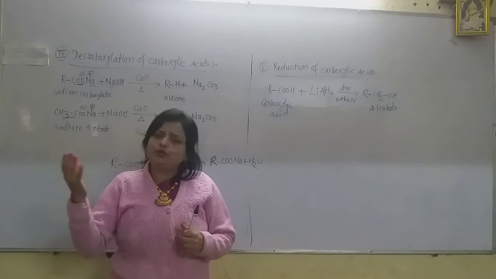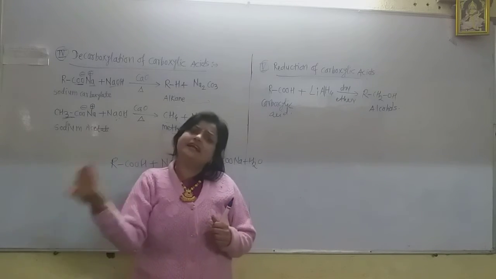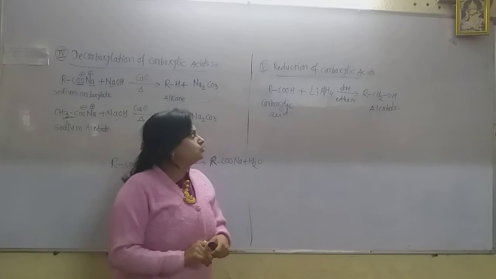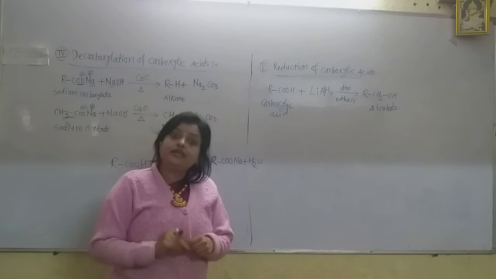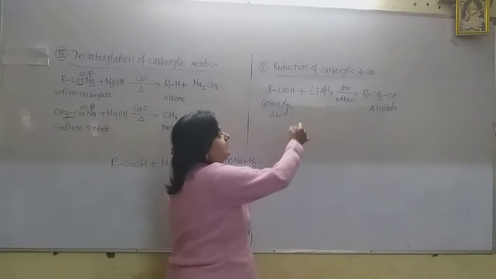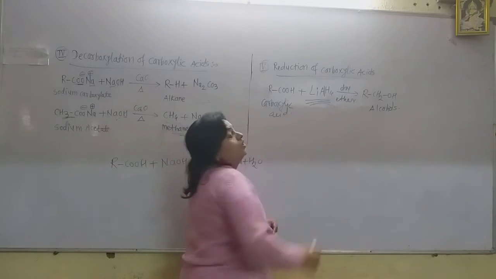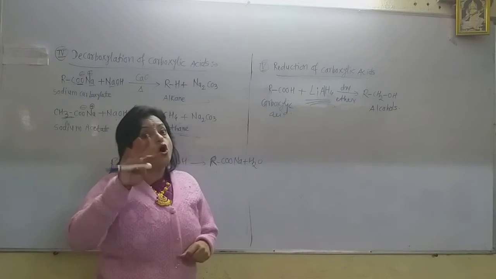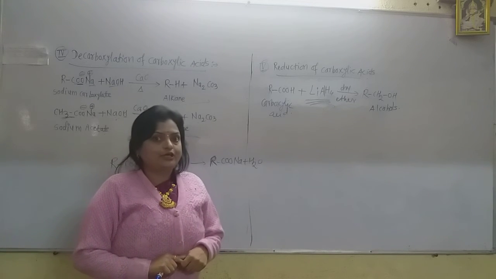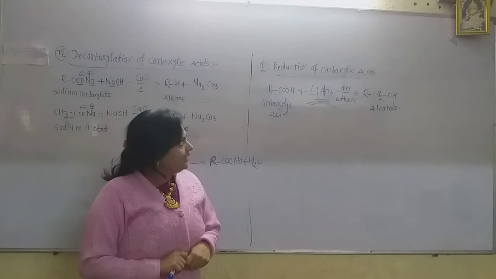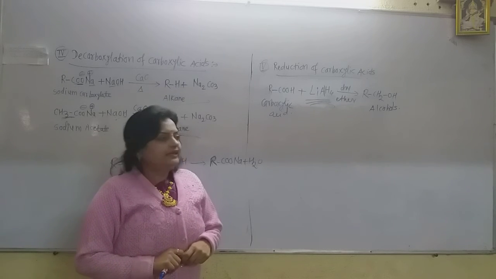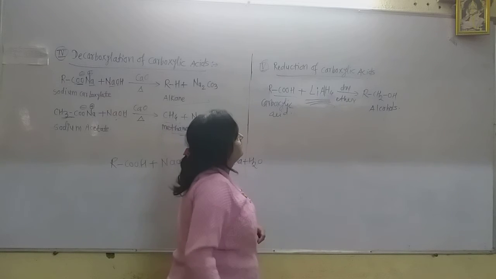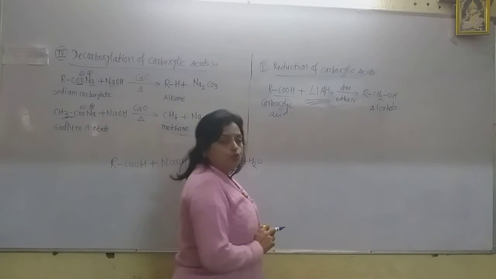That means if we do the reverse reaction, that is the reduction of carboxylic acid, we must obtain the alcohols. So here, by using a very strong reducing reagent, lithium aluminum hydride, one molecule of lithium aluminum hydride gives 4 nascent hydrogen atoms, and due to that, there is formation of the alcohols. The COOH group is converted into the CH2OH group.